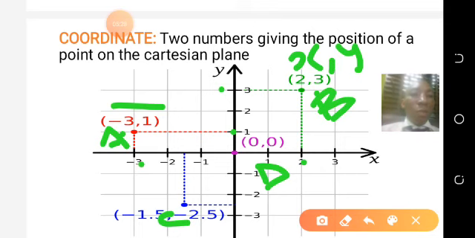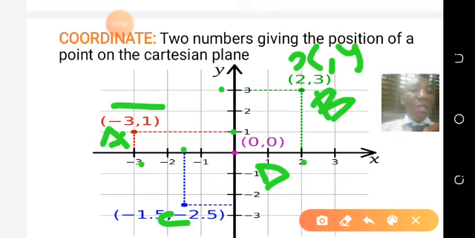Let's see coordinate C. Where you trace it, the line is between -1 and -2 on the x-axis, that is -1.5. On the y-axis, it is between -2 and -3, that is -2.5.